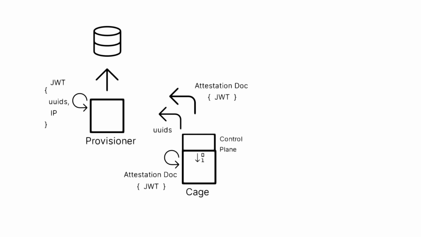Within the provisioner, we're able to correlate the two requests, verify the integrity of the cage, and check that the PCRs from this attestation doc match the PCRs that are in our database. That means we know we're speaking to the correct version of the cage as well. Once all of that checks out, the provisioner then uses our root CA to generate an intermediate CA.